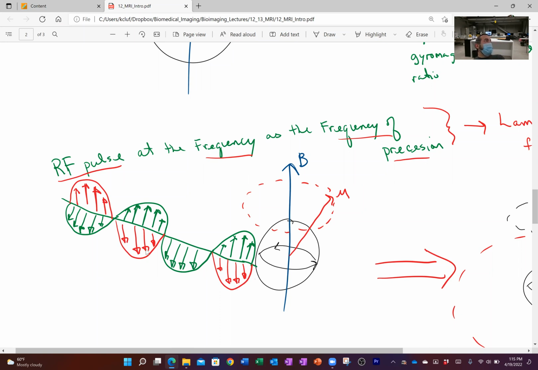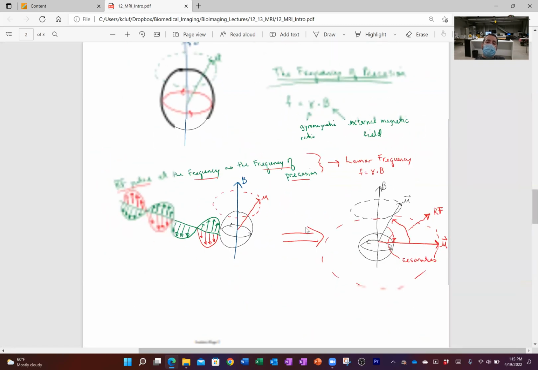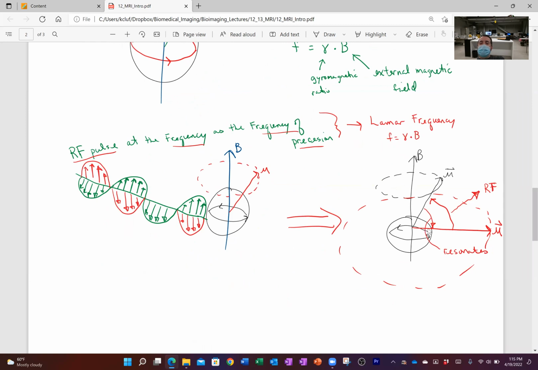But if the frequency of this RF pulse matches the frequency of this precession, what will happen is it'll tip that magnetic moment of the hydrogen atom on its side, and so the magnetic moment will spin around kind of on its side, okay?